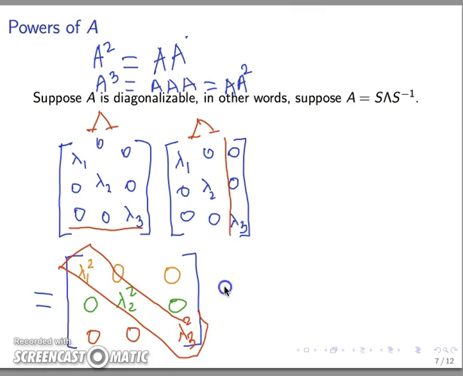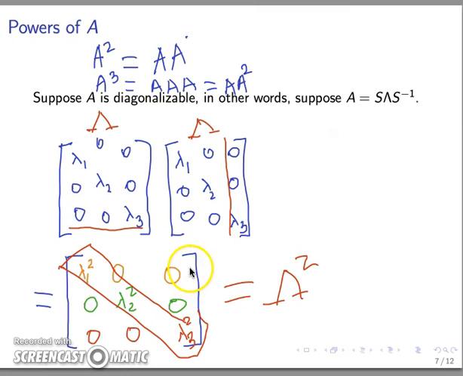So we can write this as a matrix lambda squared. In this case, when you take powers of this diagonal matrix, that is the same as raising the entries to that power. That is only true in general for matrices that are diagonal.